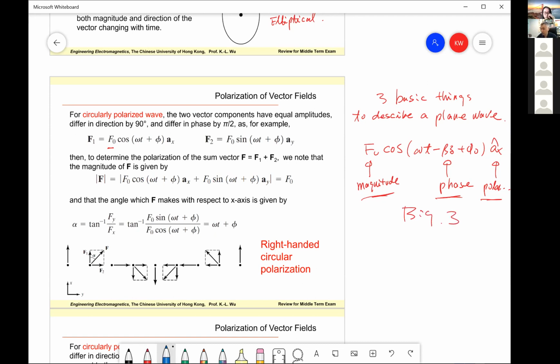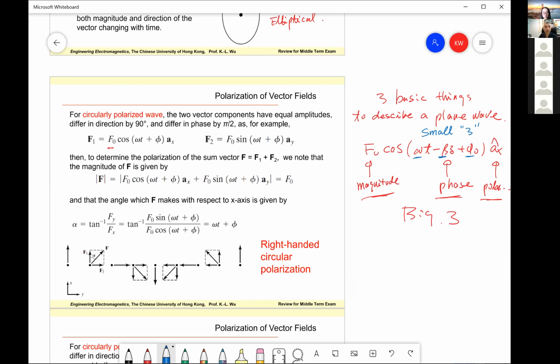And then you can have a small three. The small three is omega, beta, phi 0. We have a big three and a small three to completely describe one plane wave.